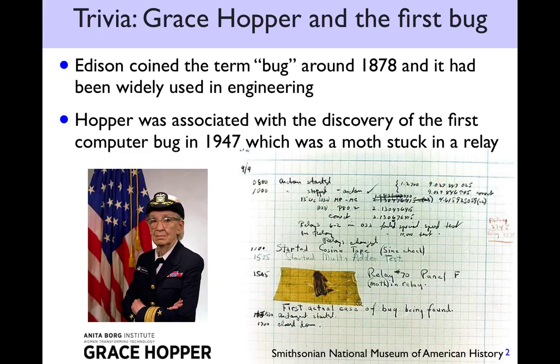Before that, here's an interesting trivia about Grace Hopper, the computer pioneer, and one of the most influential female computer scientists. She was associated with the discovery of the first computer bug in 1947. Even though the term bug was not invented by Hopper, but rather coined by Thomas Edison back in the 19th century, and by the time of the Second World War had been widely used by many fields of engineering, Grace Hopper was working on one of the first computers, by the way.